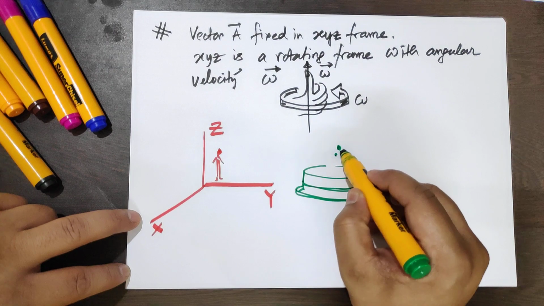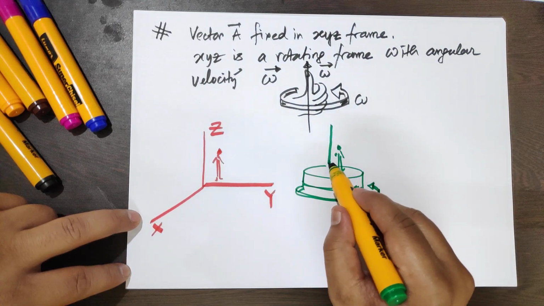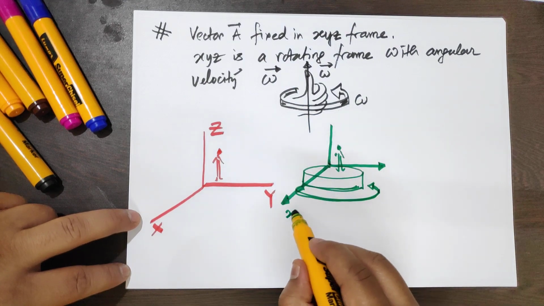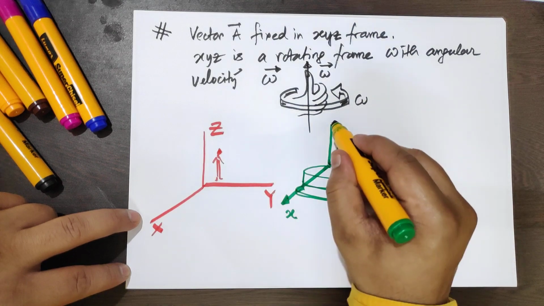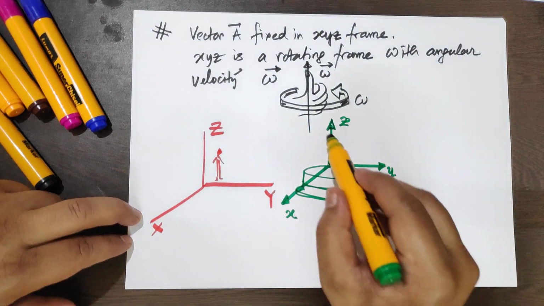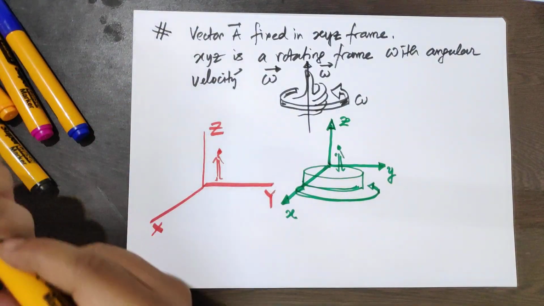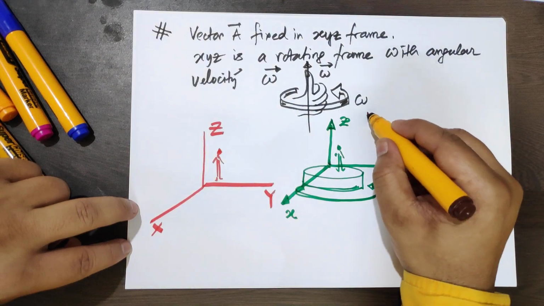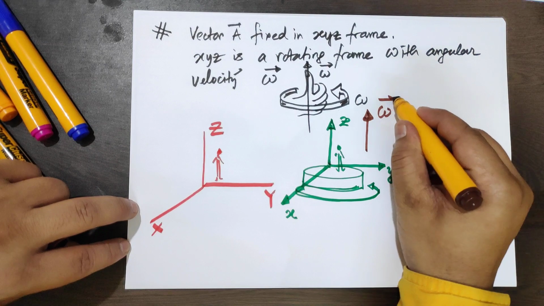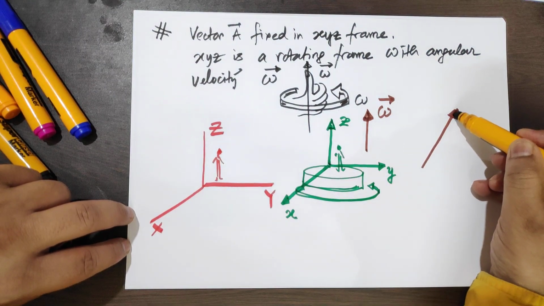This person also spins around, and so does this frame, small x, small y and small z. So the angular velocity vector, the omega vector, is upward.